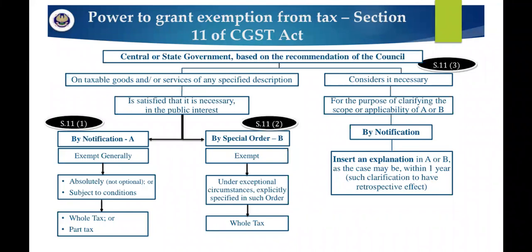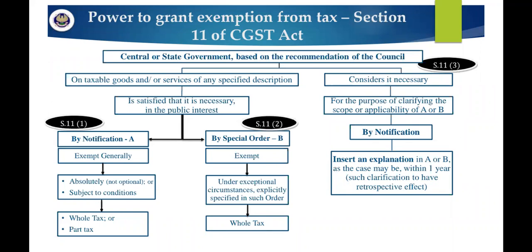Okay, now in notification A, first is exempt generally. The central government and the GST council will exempt the people who are claiming the exemption, generally exempted.